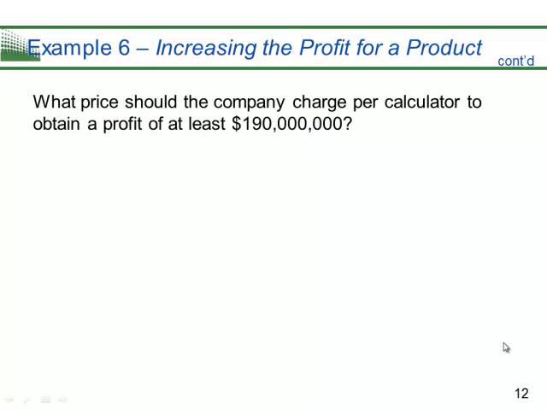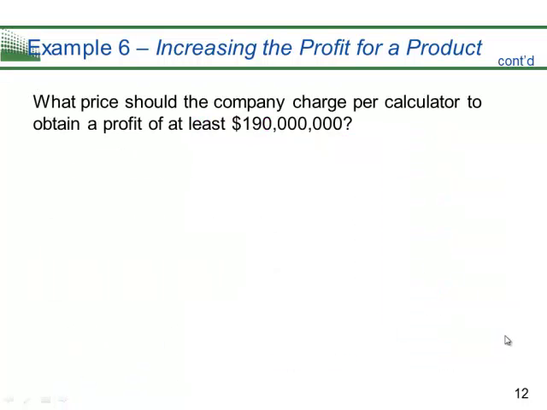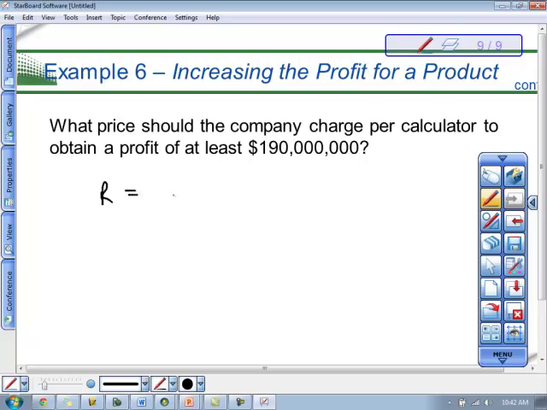All right. So let's go back and look at our revenue equation: x times 100 minus 0.00001x. Our cost was $10 per calculator plus the 2.5 million.